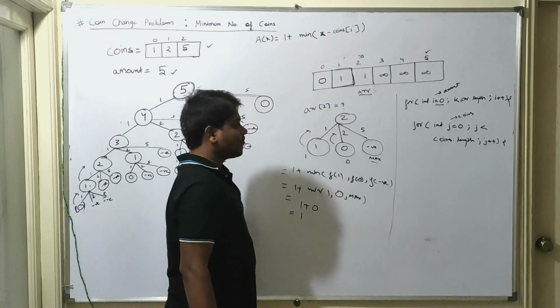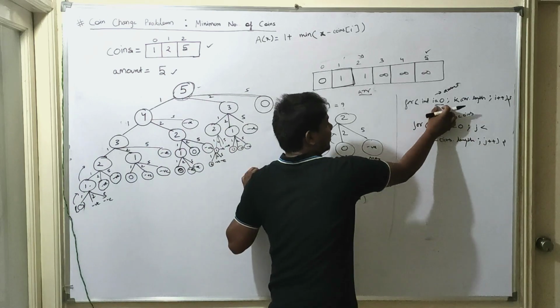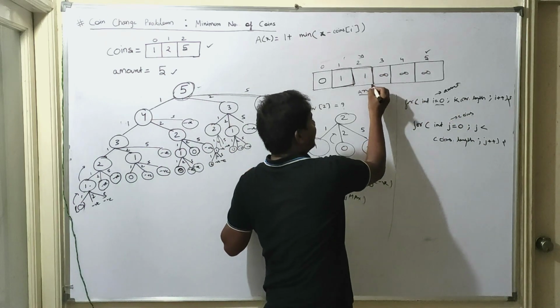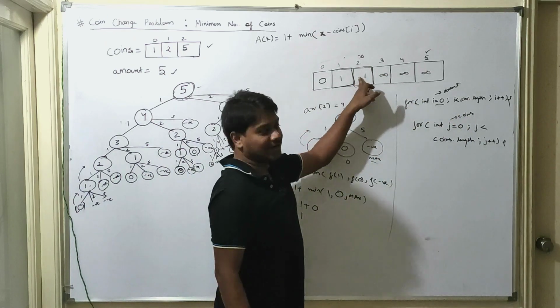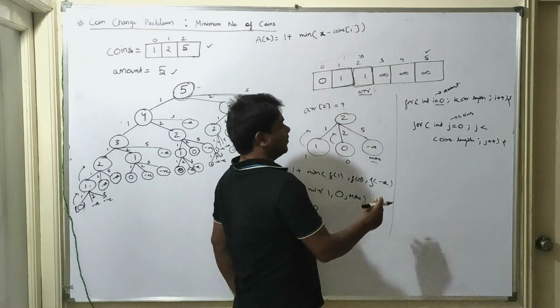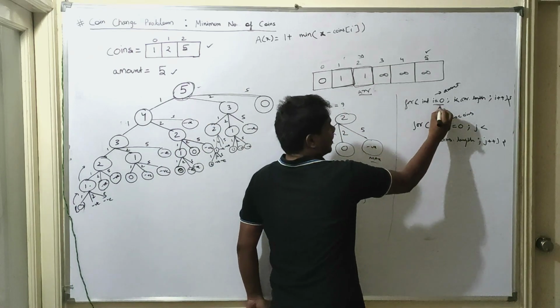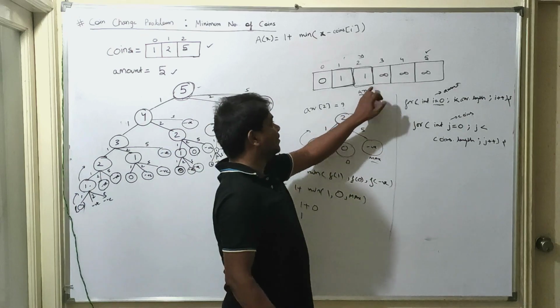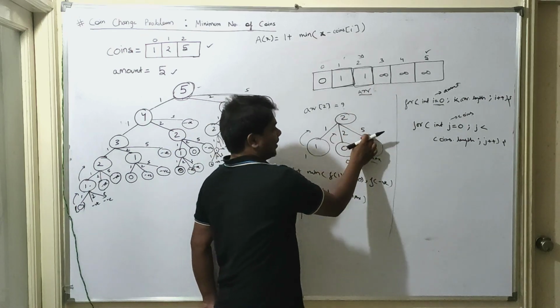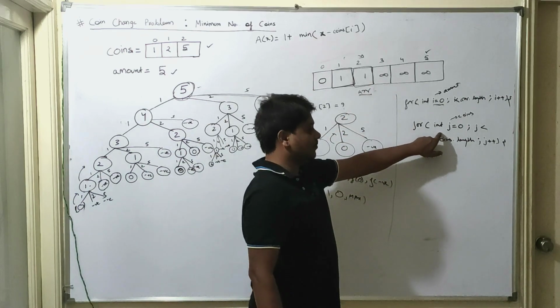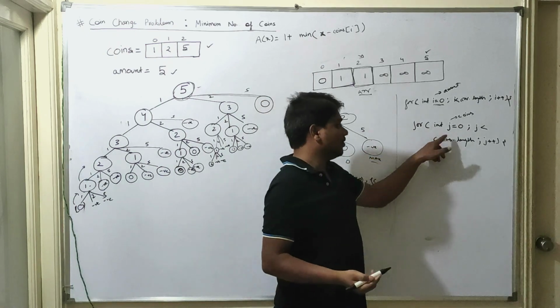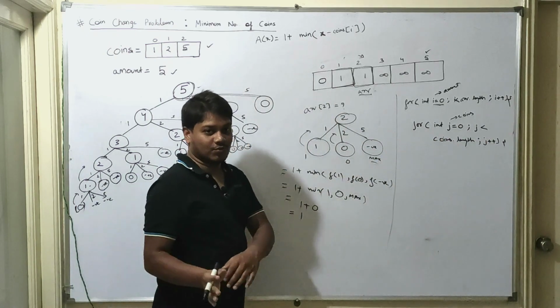Okay. Now for any particular index, suppose we want to calculate it for 2, then this is our amount, and the three values that we are having are 1, 2 and 5. So it will start from index 0 all the way till the end of the coins array.